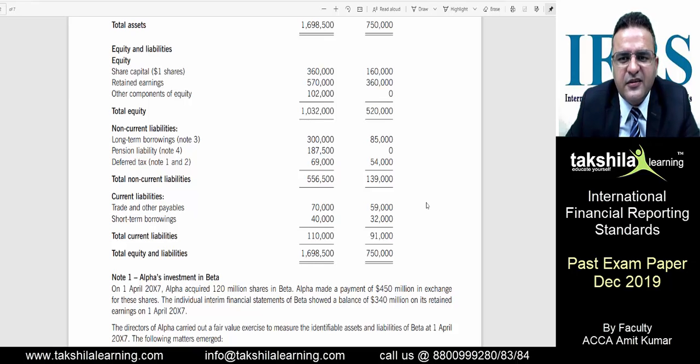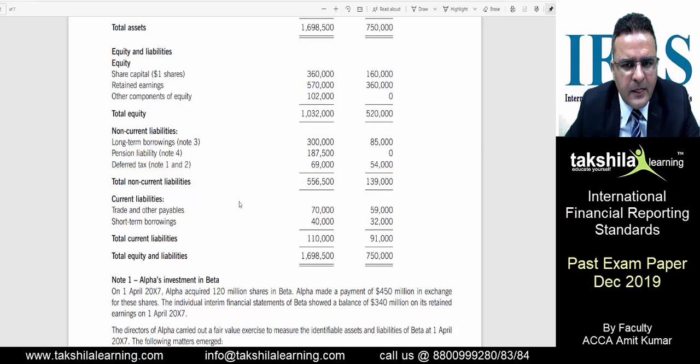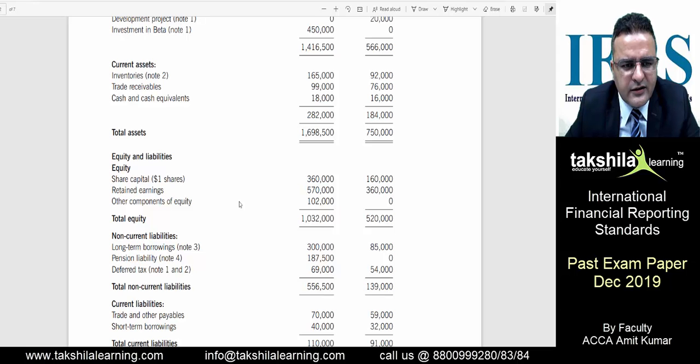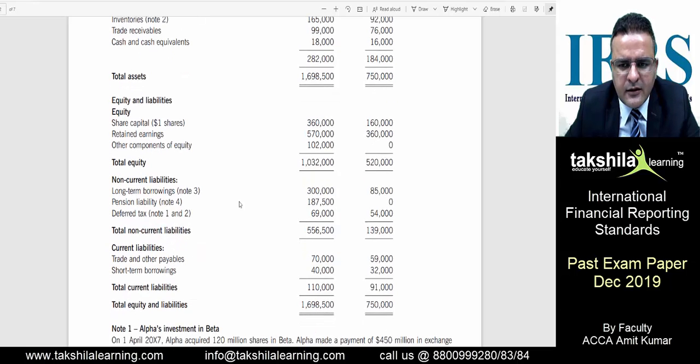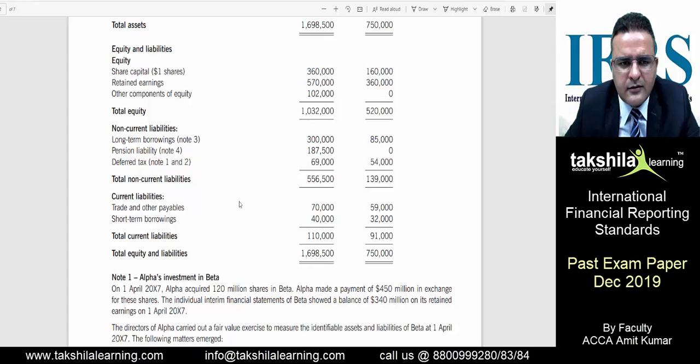Even I can commit a mistake. So when I look at the long-term borrowings, pension liability, deferred tax, I've taken everything. Share capital of parent only, retained earnings, other components of equity. There's a difference of 85,000. I have missed taking the difference of 85,000 in long-term borrowings.